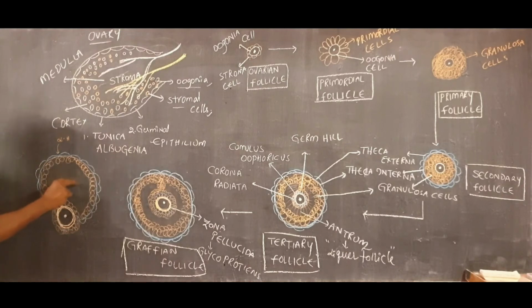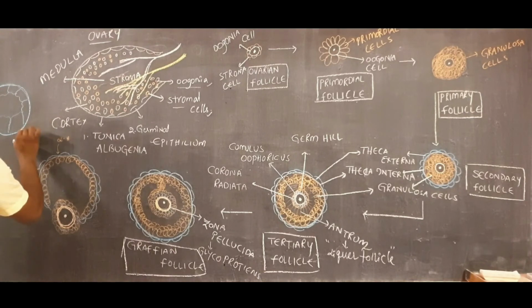And then these remaining empty follicle will change into corpus luteum. Theca cells will produce elongated cells. And this one is also called corpus luteum.